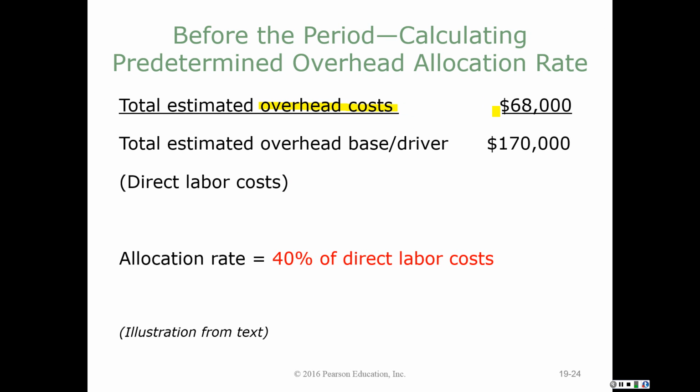So if I look at last year and I can determine the depreciation, the taxes, the utilities, the insurance, janitorial for the manufacturing facility, security, if I can look back at the prior year and see these were my actual overhead costs, and this is how much they should increase or decrease this year based on our amount of production, then I'm estimating what my total manufacturing overhead for this current year should be. So your book has estimated $68,000. So if our total overhead costs are $68,000, what is driving those costs?